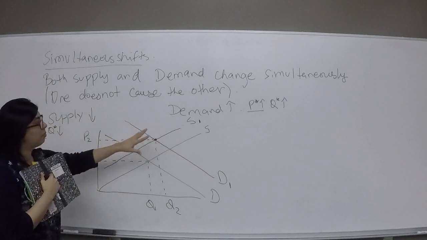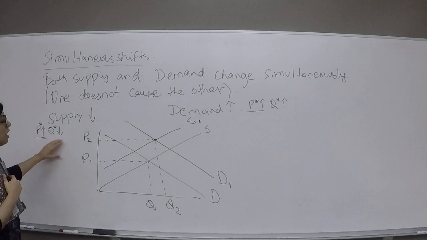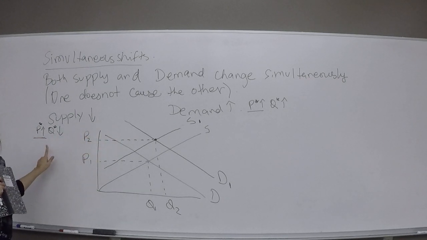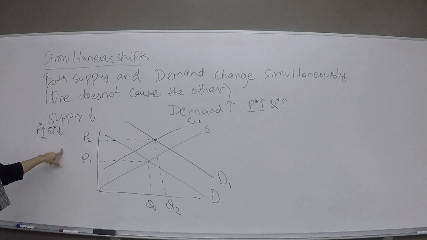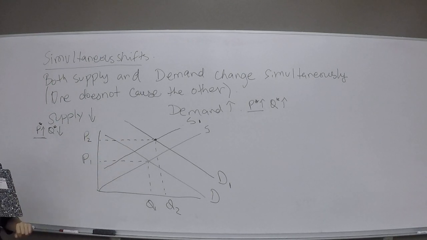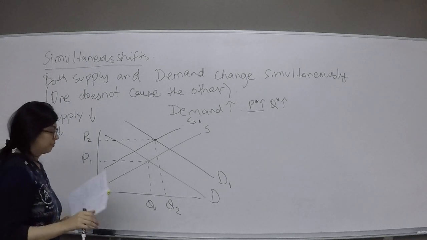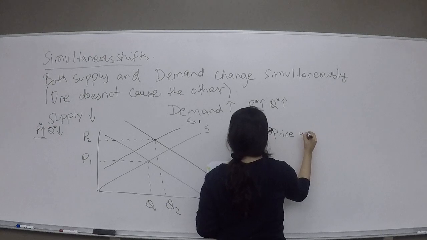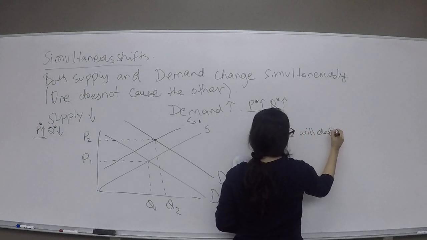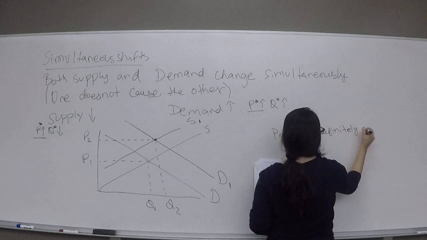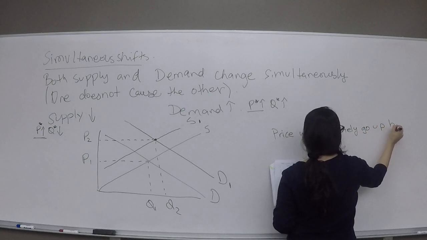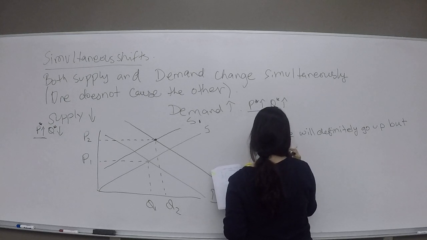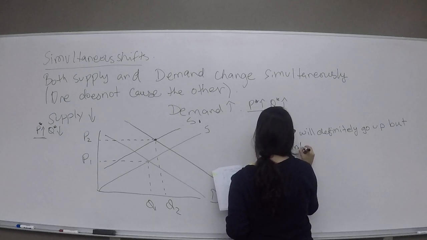Now when they both happen together simultaneously, price will definitely go up because they both have that same factor in it. But quantity may increase or decrease.